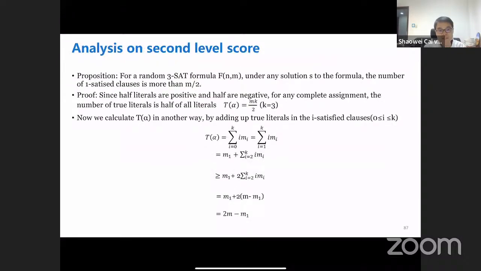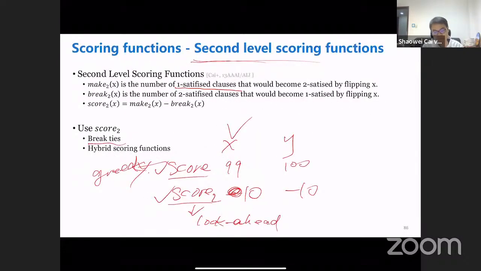Oh, one quick question. How hard is it to compute these make2 and break2 scores incrementally? Yeah, we use a caching based approach, and it is about a small vector square.